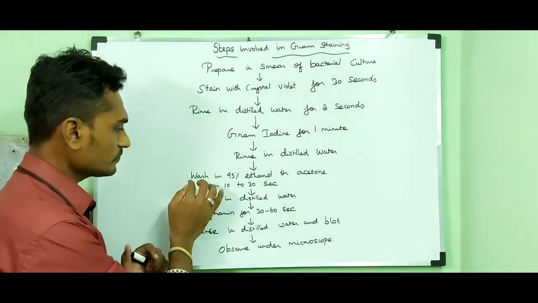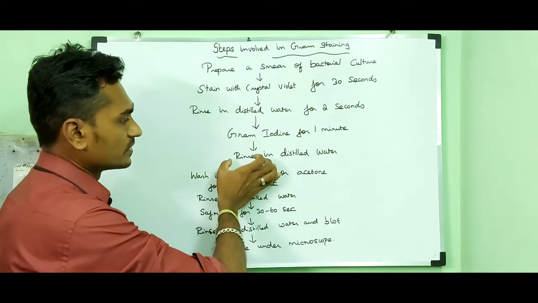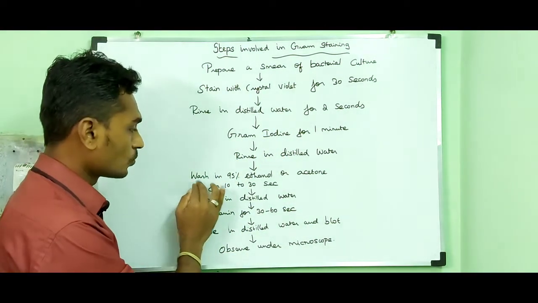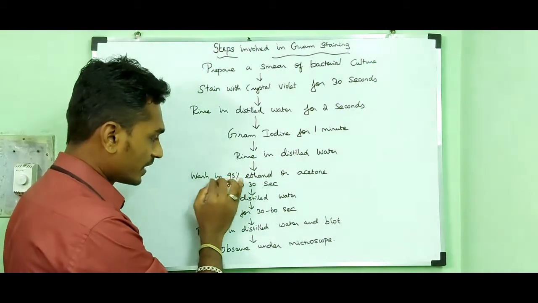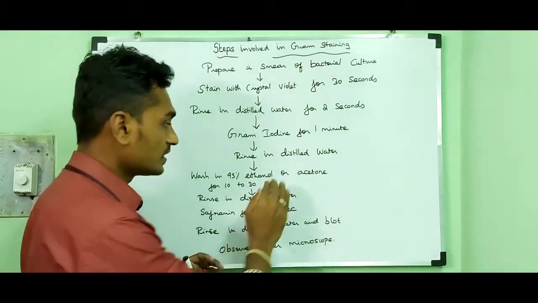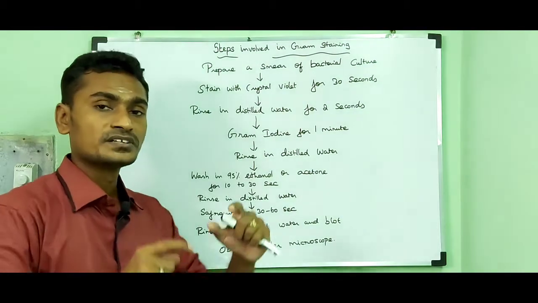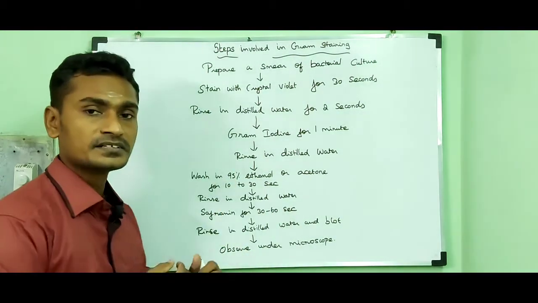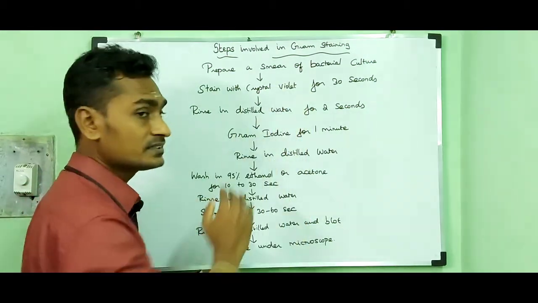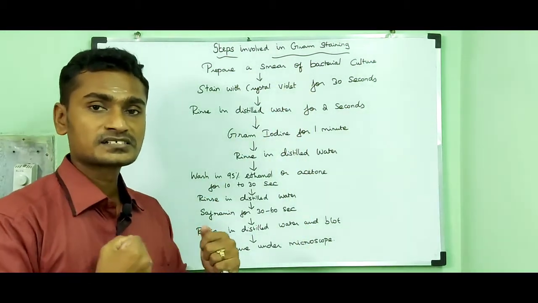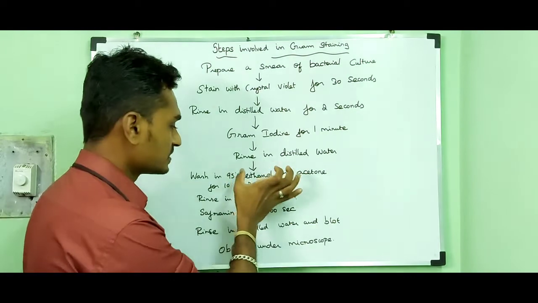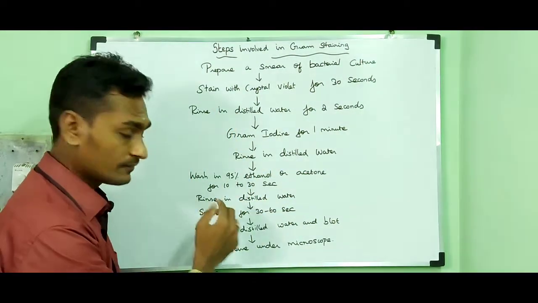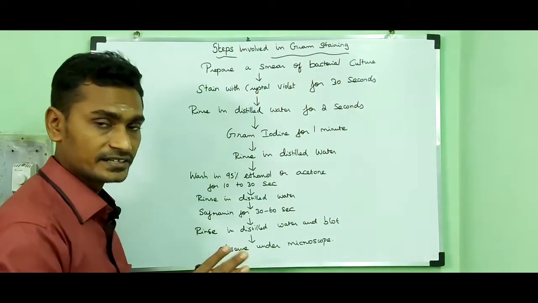Suppose, after the rinse in distilled water, that slide is washed in 95% ethanol or acetone. If it is gram negative bacteria, this ethanol removes the crystal violet stain from the cell wall. Then rinse in distilled water. Then safranin is added to that slide.